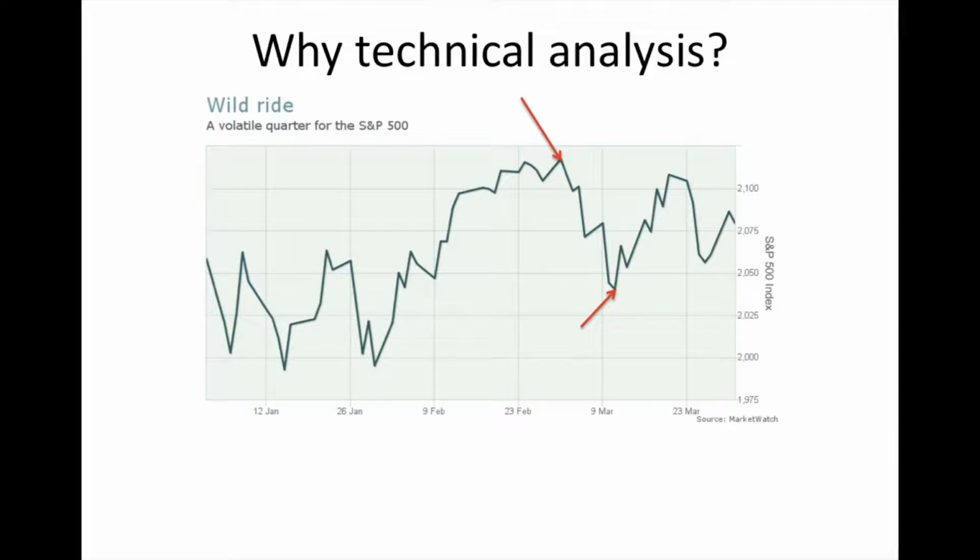So one of the key questions you might want to ask in order to provide a better picture to the graph that you're looking at, let's use this one for example for the S&P 500. When you see the ups and the downs in here, you probably want to find out, okay, this is happening sometime, let's say, end of February, beginning of March.